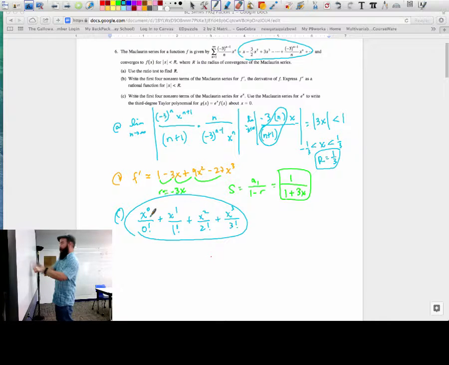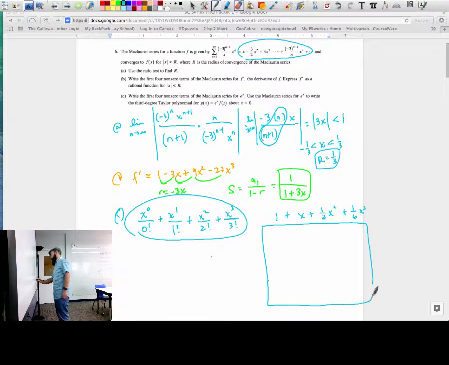So if I write the e to the x, and I'm going to use the box method here to multiply out, e to the x would be 1 plus x plus 1/2 x squared plus 1/6 x cubed. Now, I may not need all those terms. I'm going to be multiplying that by f of x, which starts with x and goes negative 3 halves x squared and goes to 3x cubed.